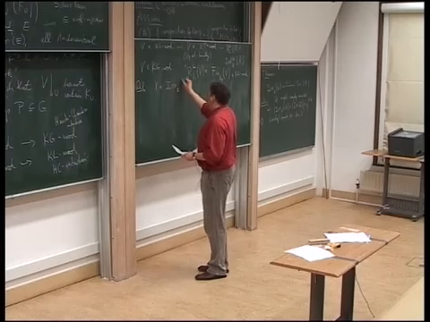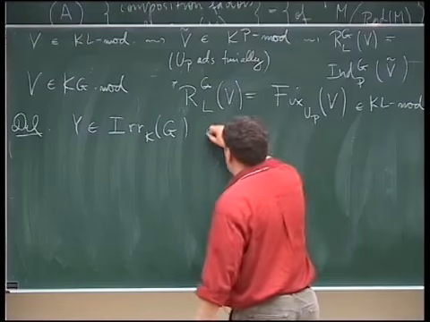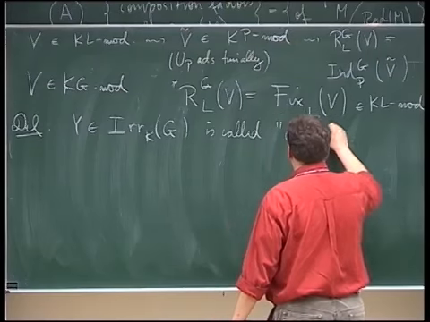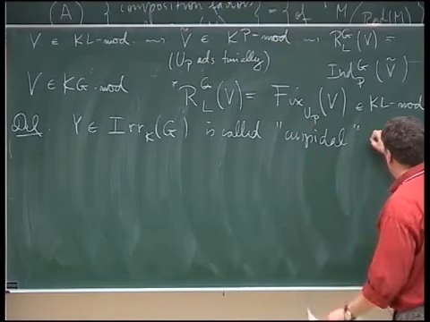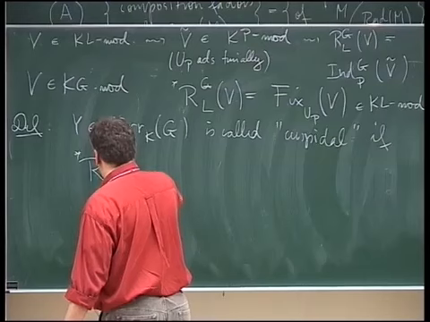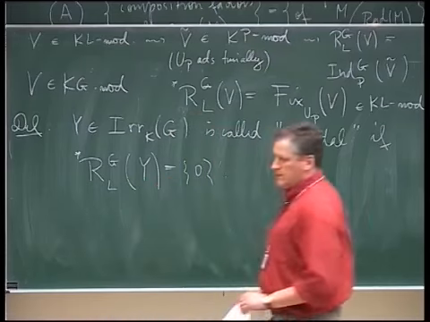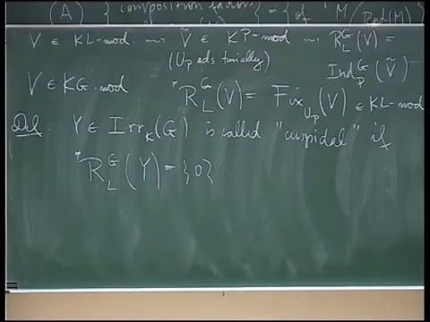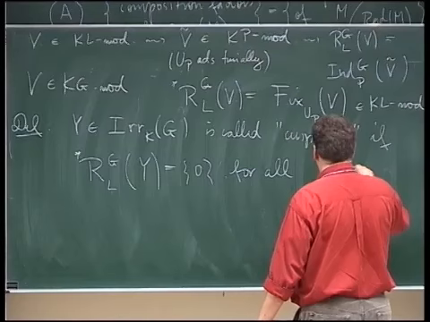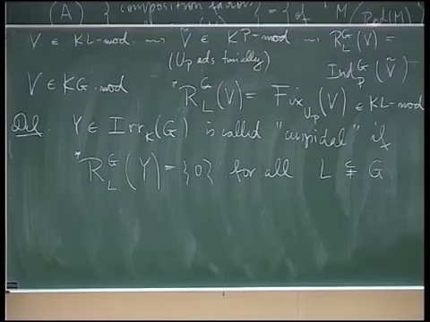An irreducible representation of G is called cuspidal if whenever you restrict it to a proper Levi, you don't see it anymore. For all proper Levi subgroups of G.